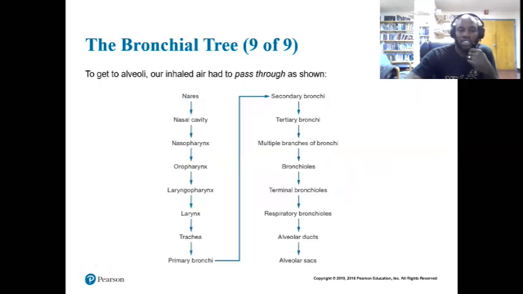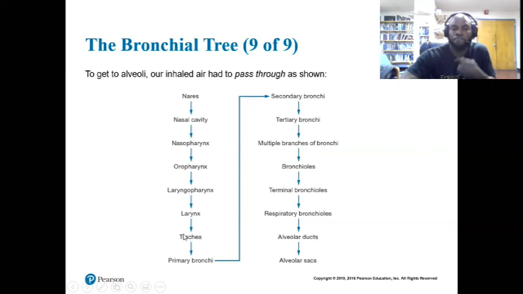All right, so this is the structure. We breathe in: nasal cavity filters the air and starts to warm it, nasopharynx continues to warm and filter the air, oropharynx is where we have food and air, laryngopharynx also has food and air. The larynx cuts off any food or liquid, and we have the opening to the trachea.